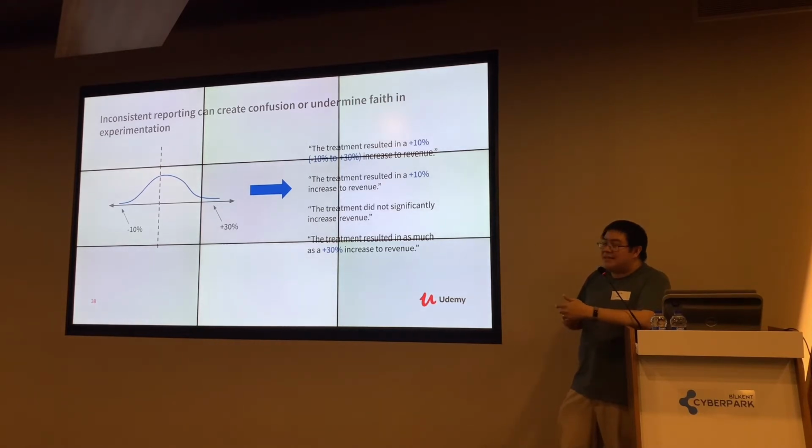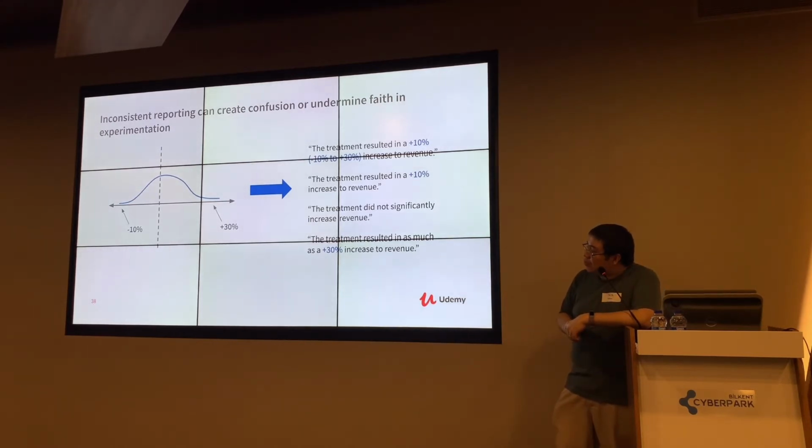So what are the different ways that you could describe what's going on here? You could say the treatment resulted in a plus 10%, i.e. -10% to 30% increase to revenue. That's one way of phrasing things, and I think that's reasonably fair, right? You could also say the treatment resulted in a plus 10% increase in revenue. Now the issue is you haven't really qualified how certain that 10% is, and in fact, if you look at that graph, you might realize we're not so certain it's really a 10% increase to revenue.